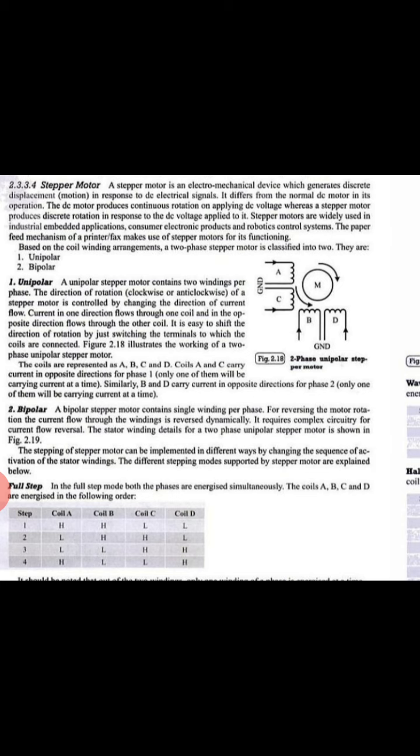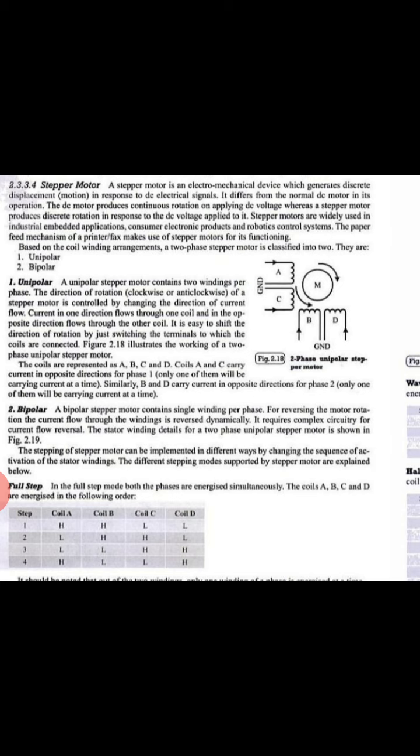Based on the coil winding arrangement, the two-phase stepper motor is classified into two types. They are unipolar and bipolar. A unipolar stepper motor contains two windings per phase. The direction of rotation of the stepper motor is controlled by changing the direction of current flow.